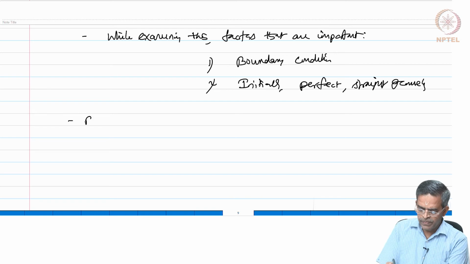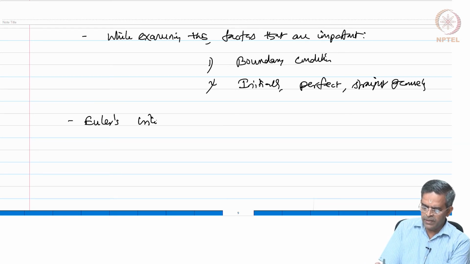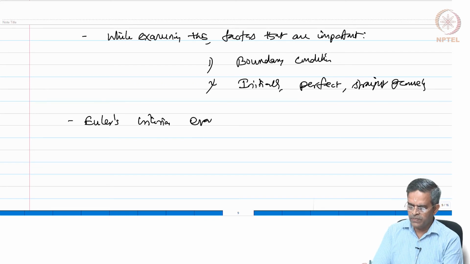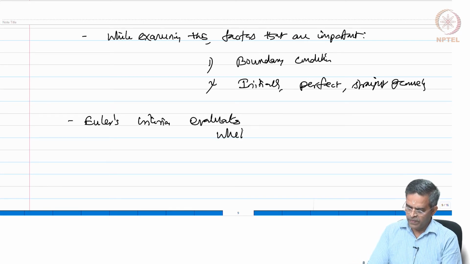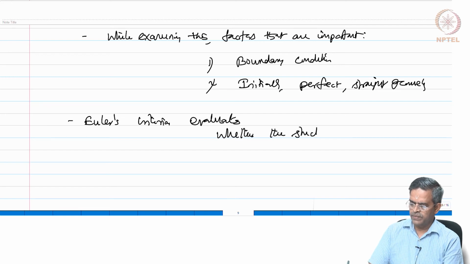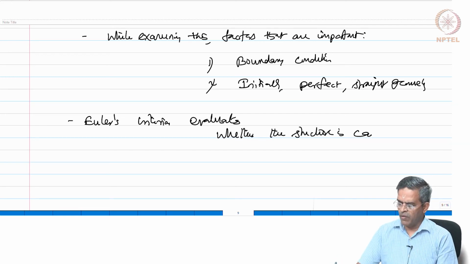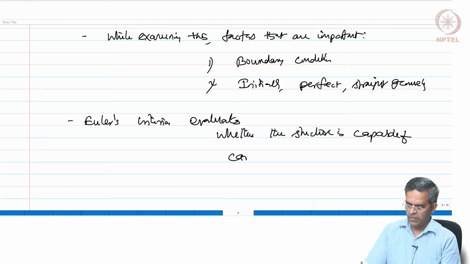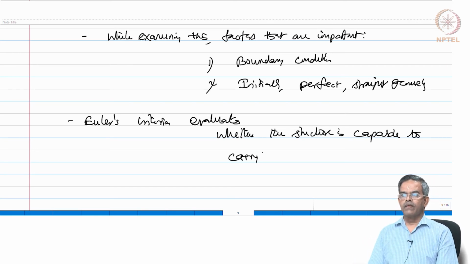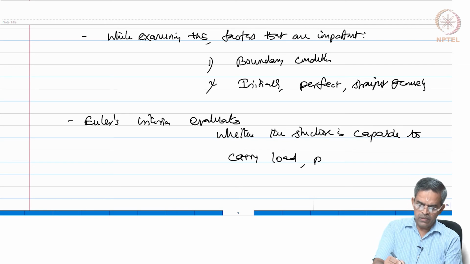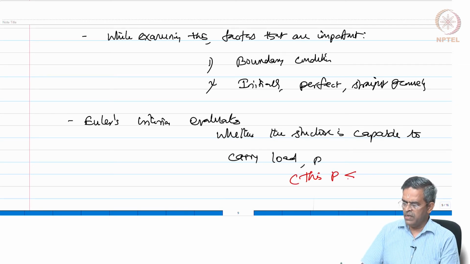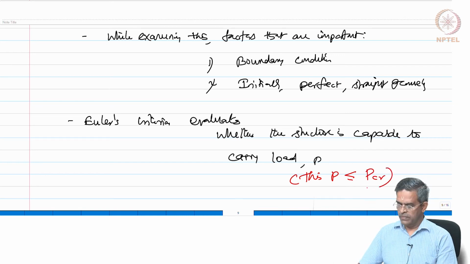So, therefore, friends, Euler's criterion evaluates whether the structure is capable of carrying load P. Remember, let us put it this way, capable of carrying a load P which is greater than PCR.